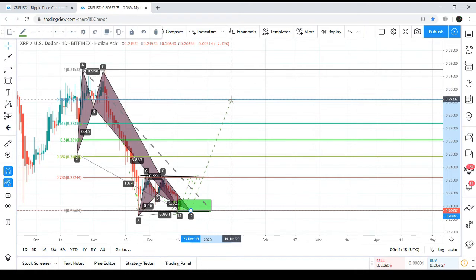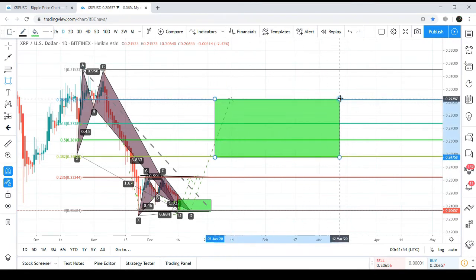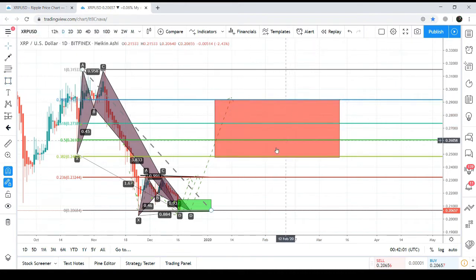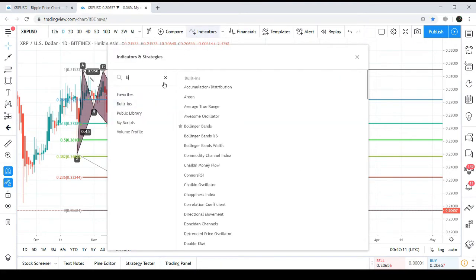But realistically, we can place our sell targets in this area, 0.382 up to 0.786 Fibonacci. So this can be our sell zone. Now, if we see the day chart, we see the different indicators and oscillators, like for example, Bollinger Bands.